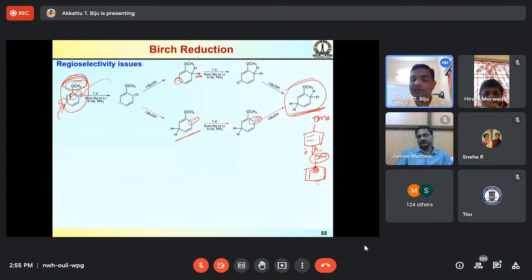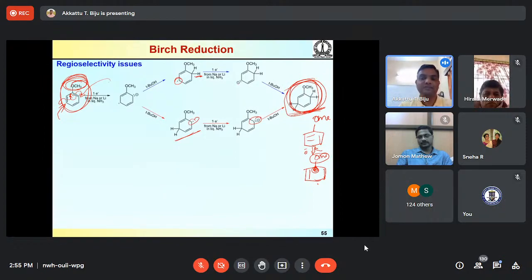So in the case of an electron releasing group, it is very important to note that the negative charge should not come to the carbon attached to the electron releasing group. That is how, if you do the Birch reduction on anisole, you get selectively this 1,4-cyclohexadiene derivative.